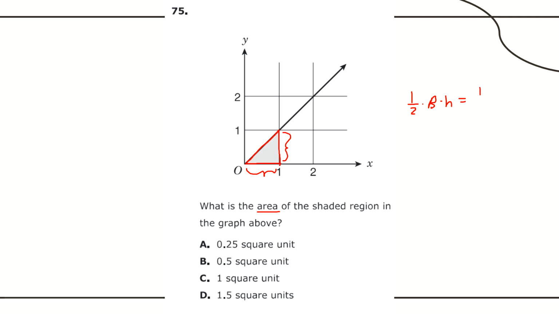Okay, so 1/2 times 1 times 1 gives us 1/2 of a square unit, because technically the measurements we took are in units, and we multiplied those two together, giving us units times units, otherwise known as units squared. So the answer would be B, 0.5 square units.